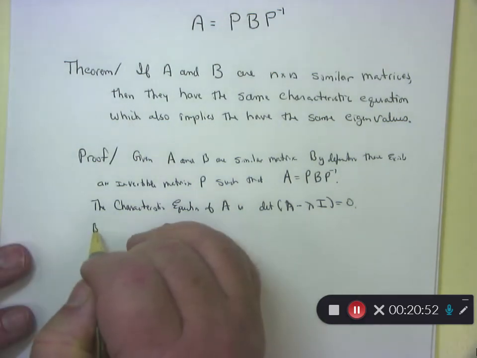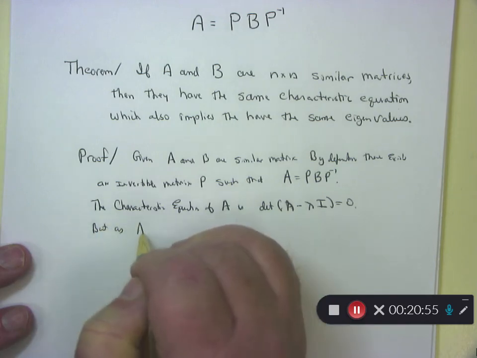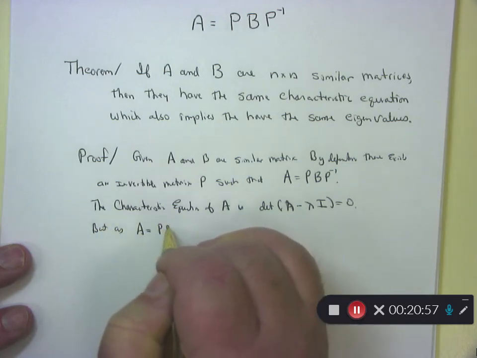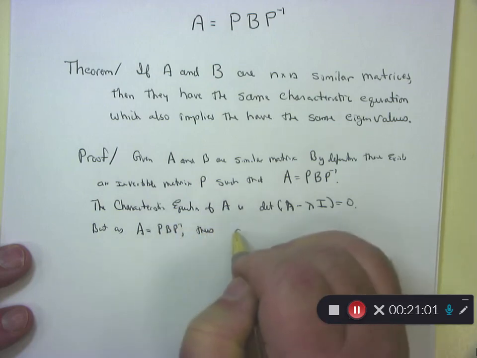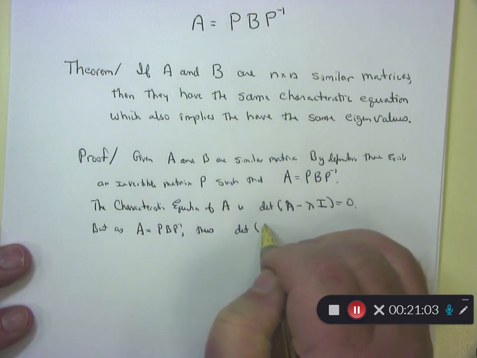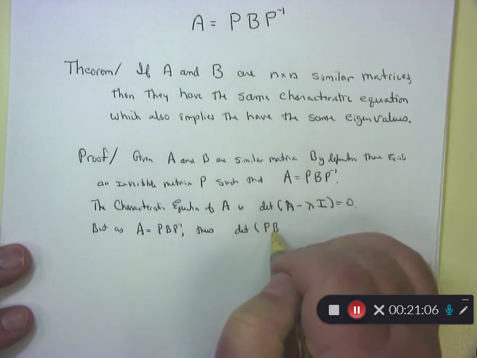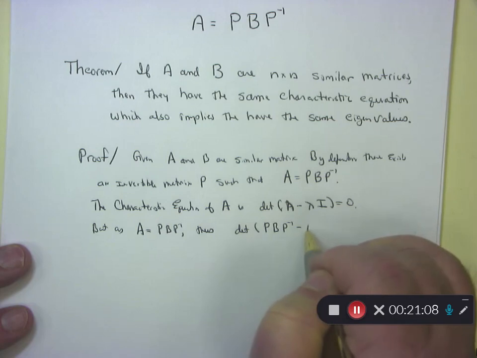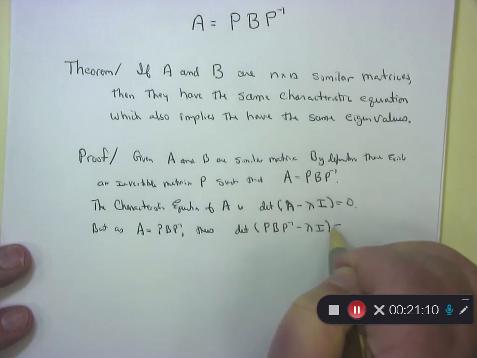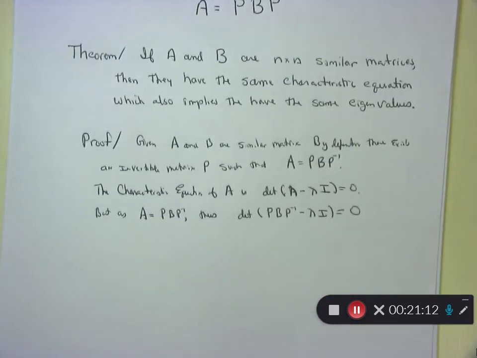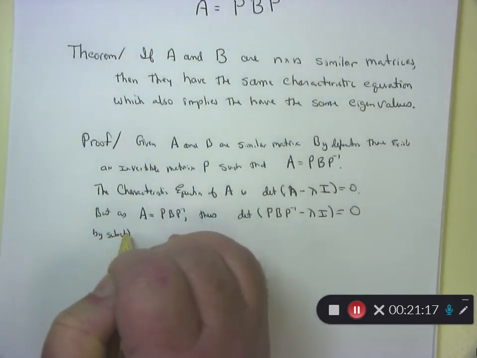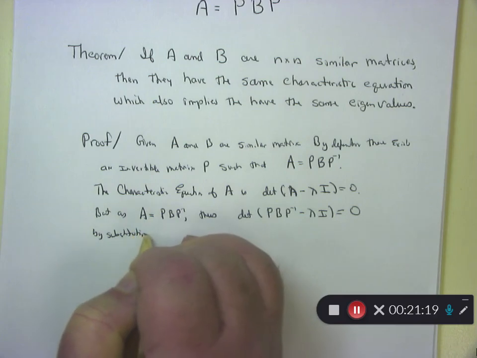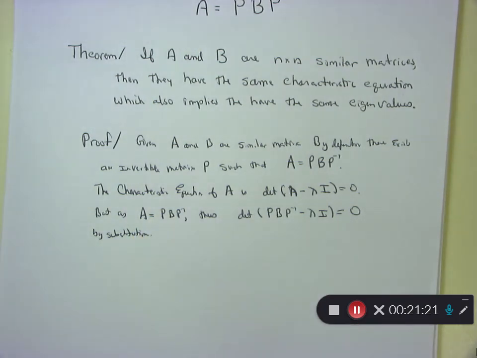But as A is equal to P B P inverse, thus the determinant of P B P inverse minus lambda I is equal to 0 by substitution. I replaced A with P B P inverse.